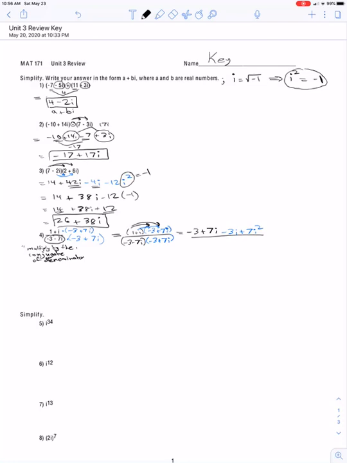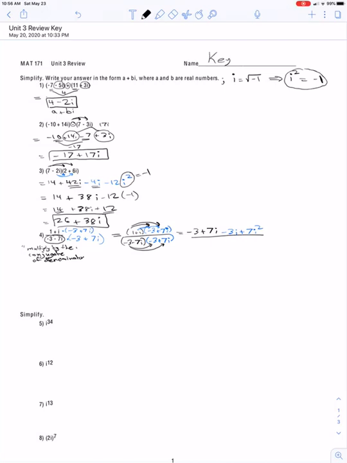There's a shortcut we've talked about in our lecture. The product of complex conjugates always simplifies down to the square of a plus the square of b. So it should be negative 3 squared plus negative 7 squared, which is 9 plus 49, or 58. In the end, we should get a product of 58.